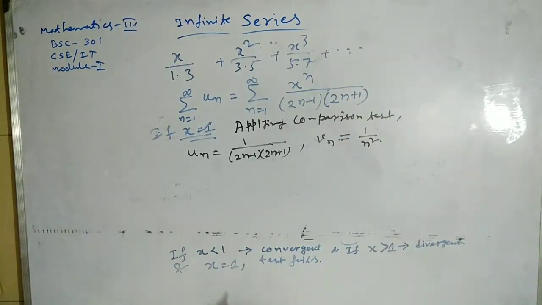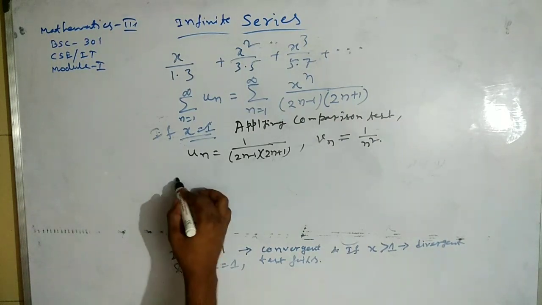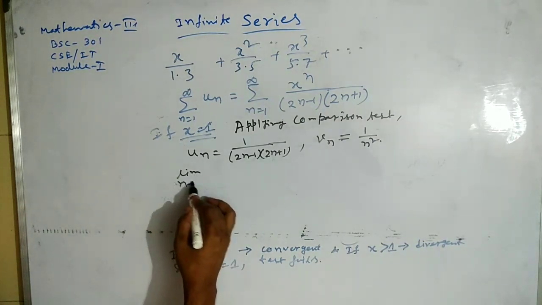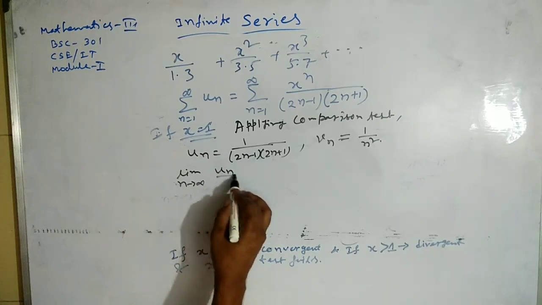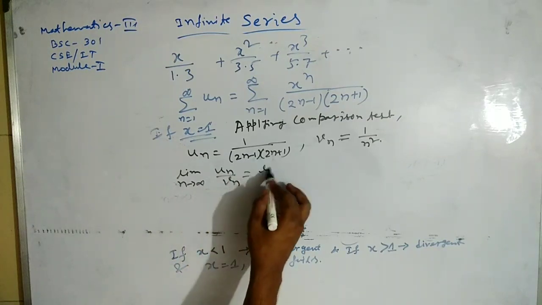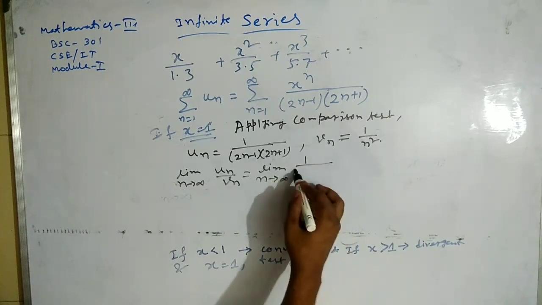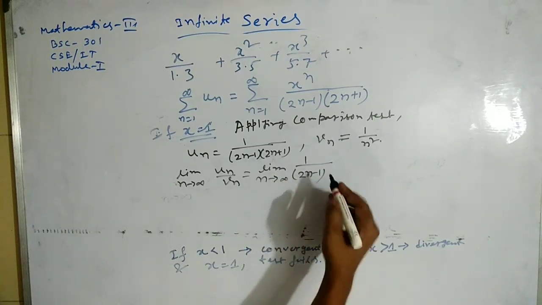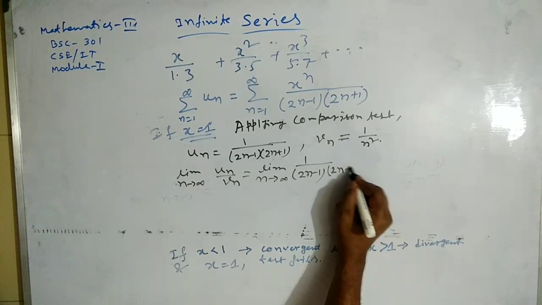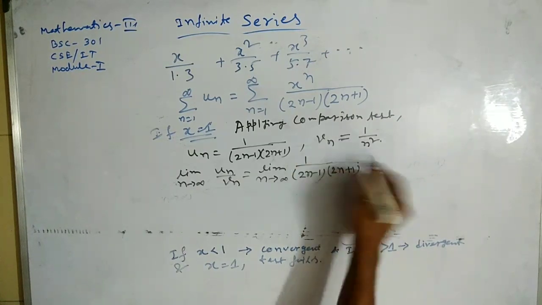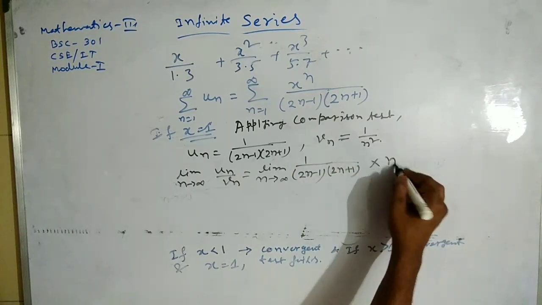Now we'll find the limit n tends to infinity un by vn. So this will be limit n tends to infinity, un is 1 by (2n minus 1) into (2n plus 1), by vn, that will be into n square.